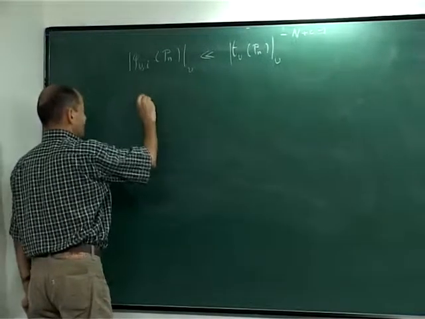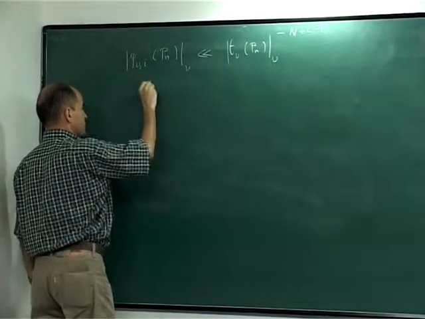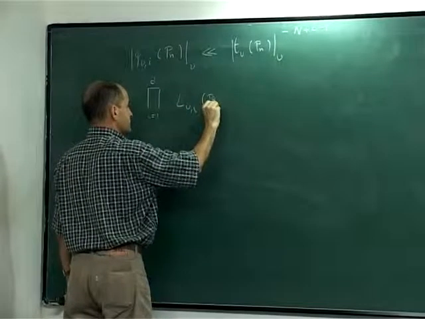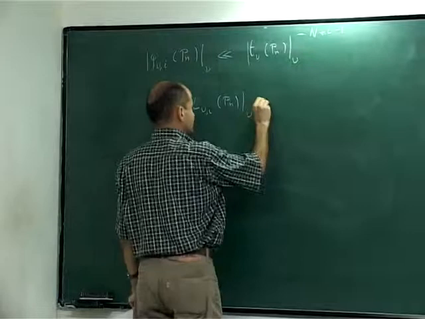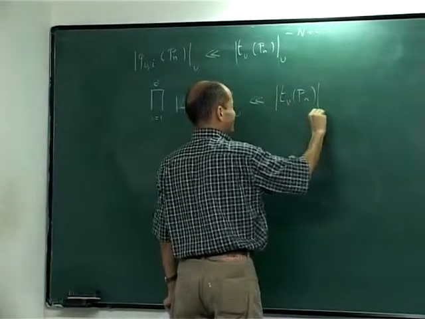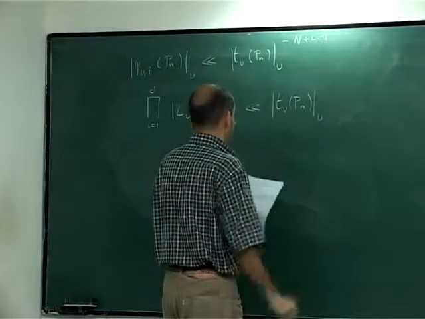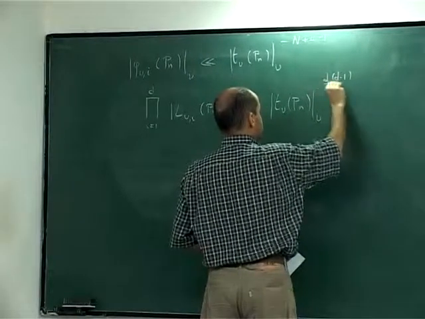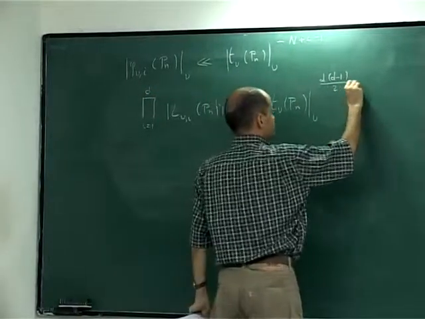So the product, for nu in S prime, the product from 1 to d of the L nu I of Pn, which is the same thing, is bounded by T nu of Pn to the sum of these indices, which is d minus 1 over 2, because I make the sum not of I but of I minus 1, and minus d times n.